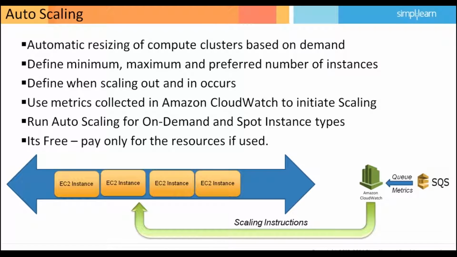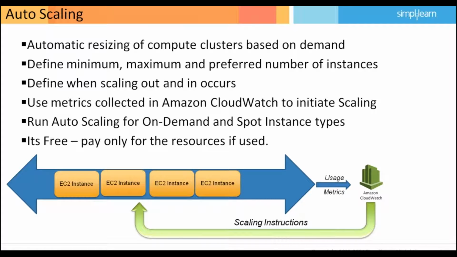So then you'd have queues and metrics using the Simple Queue Service of Amazon, if it's based on a queue, and these queues would trigger based on certain actions. CloudWatch would monitor that, and based on certain queues that have been defined, it's going to push scaling instructions to do something like add or delete an EC2 instance, right? So that is also the other way of expanding on auto scaling.